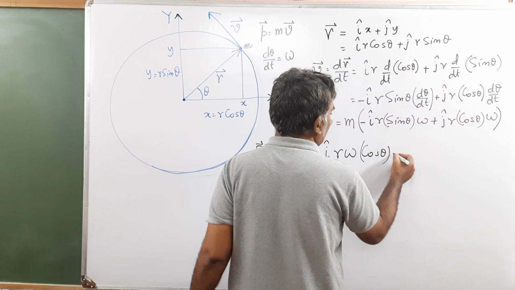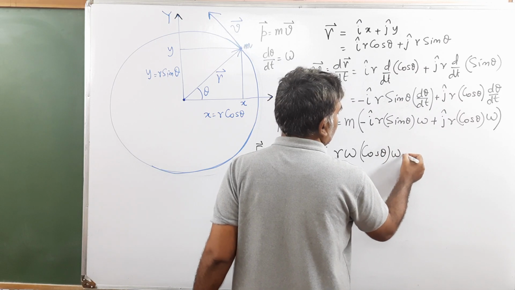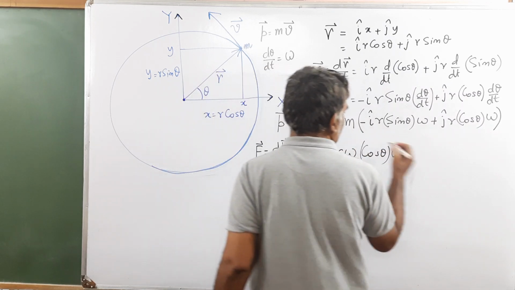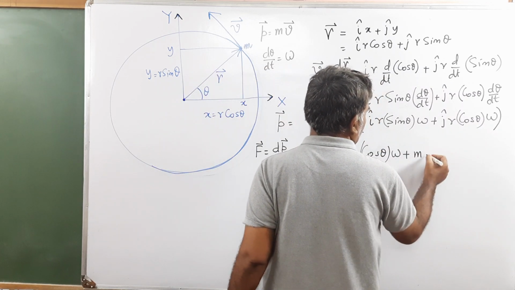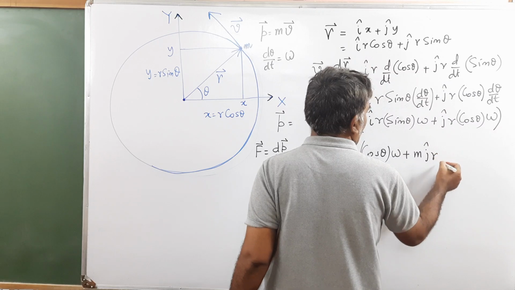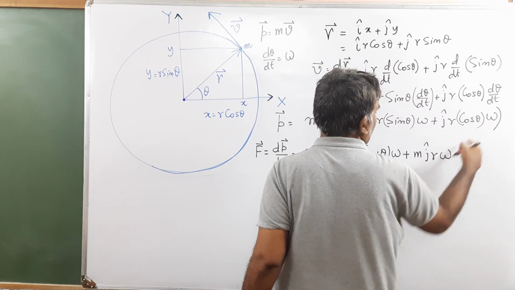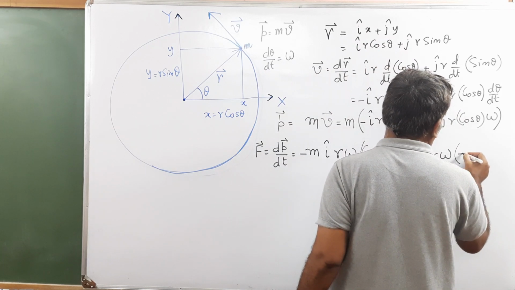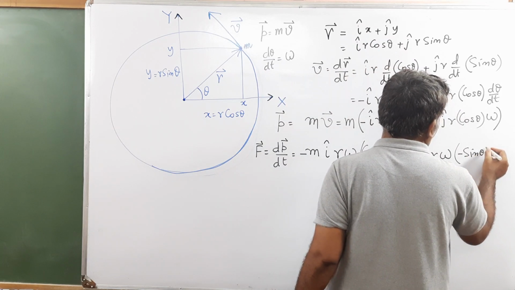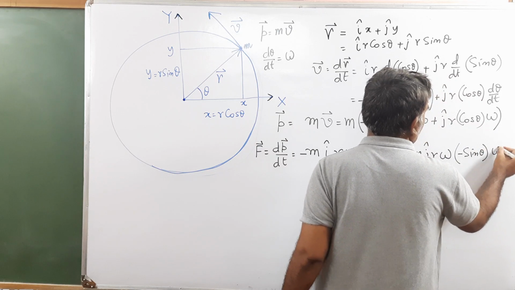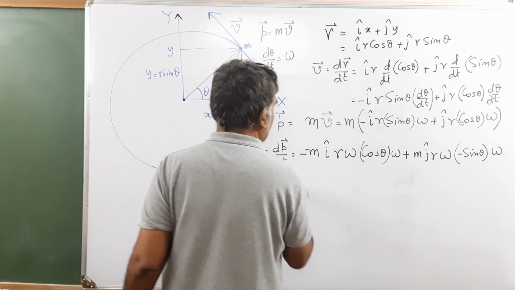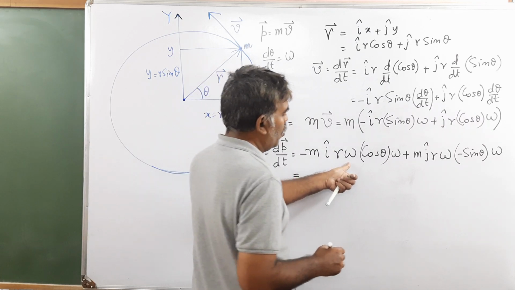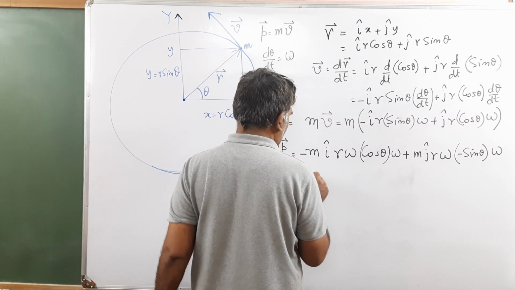So, that is another omega, plus on the second term, this mass will be here, then j cap, then r, then this omega will be here. Now, d/dt of cos theta is minus sin theta times d theta/dt, that's omega.